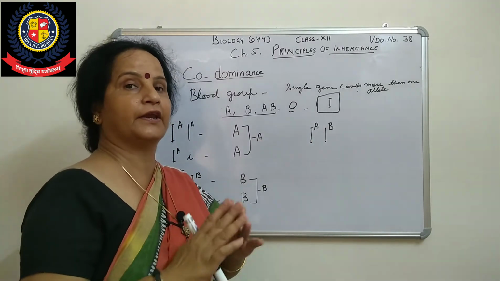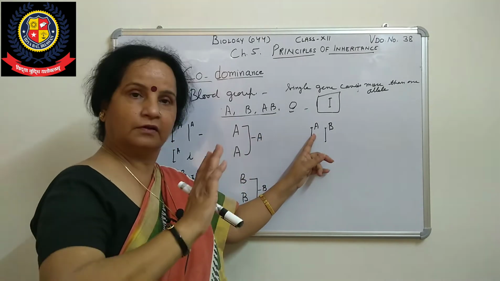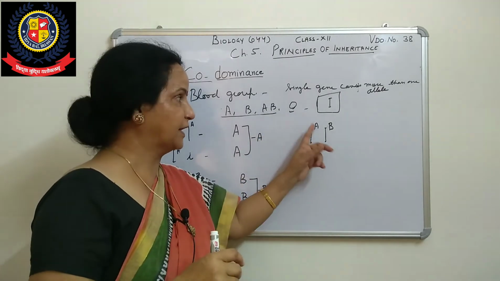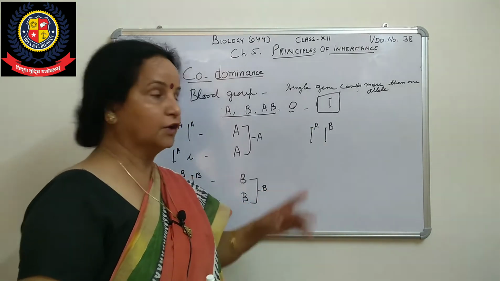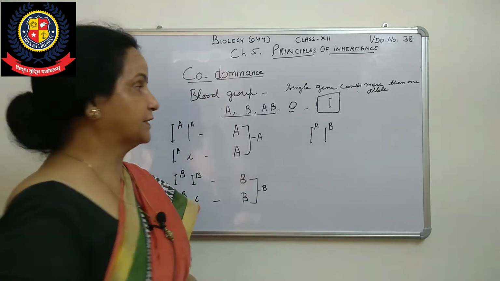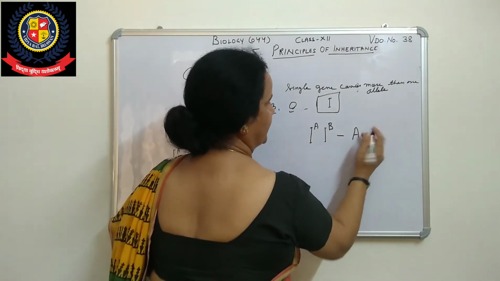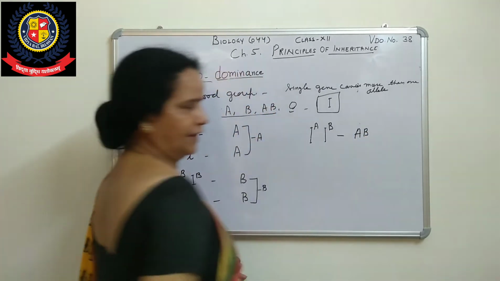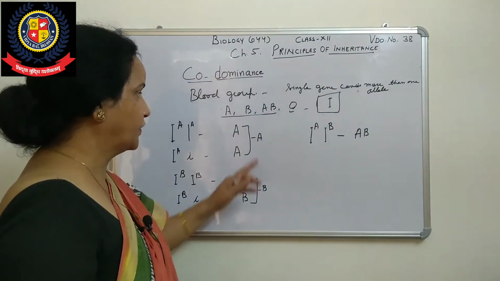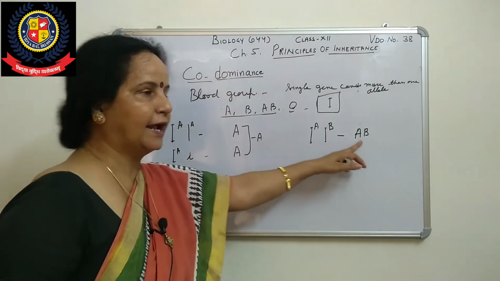It is like two people sharing one chair, nobody is going to get down from the chair. So that blood group is AB. Okay, so now the third phenotype is there. First A, 1, 2 and 3.